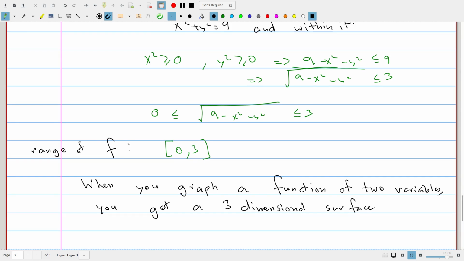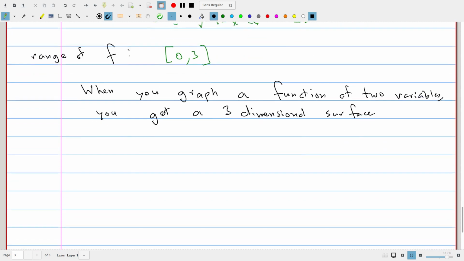Let's look at the simplest possible example, that of a plane. So you have f of x comma y equals 6 minus 3x minus 2y.